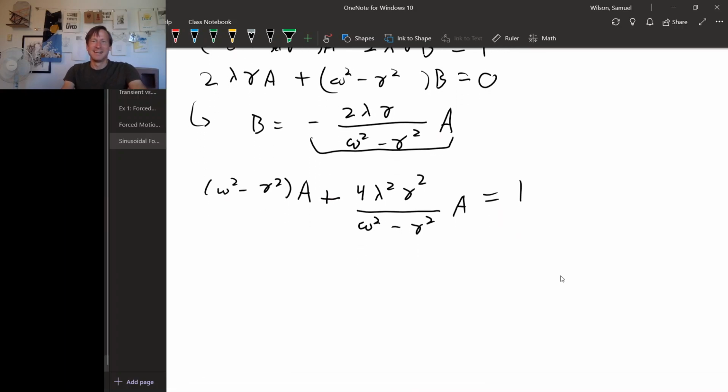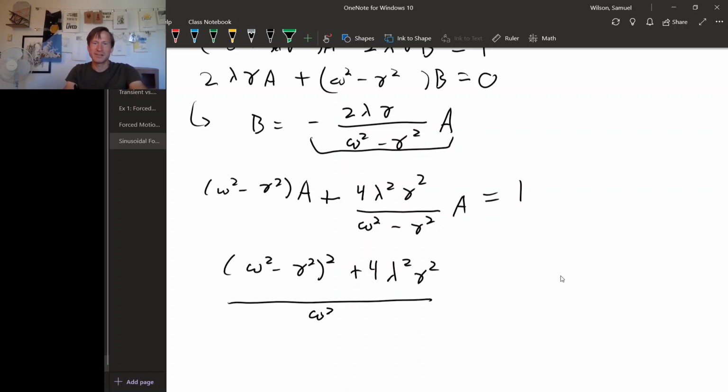Now, factor out the A, right? We've got to add these things. So we get omega squared minus gamma squared squared plus 4 lambda squared gamma squared over omega squared minus gamma squared, times A equals 1.